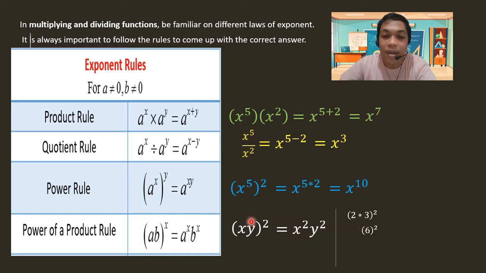Just in case na merong value sa loob or numbers yung mga nasa loob na yan, may dalawa kayong option. Pwedeng i-distribute ninyo itong exponent muna bago ninyo i-perform yung operation, or pwede naman na ipag-multiply muna ninyo yung dalawang nasa loob bago ninyo i-perform ang exponent. Kagaya nitong mga example na to.